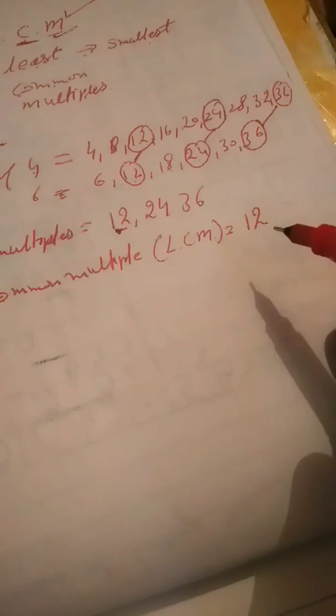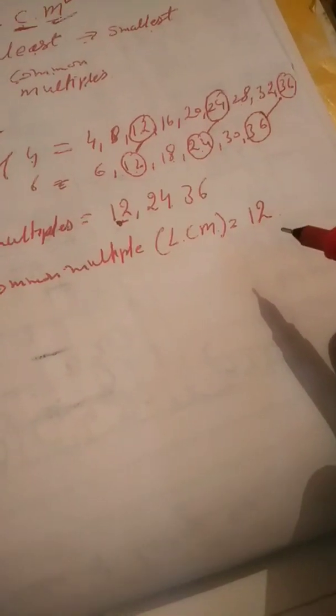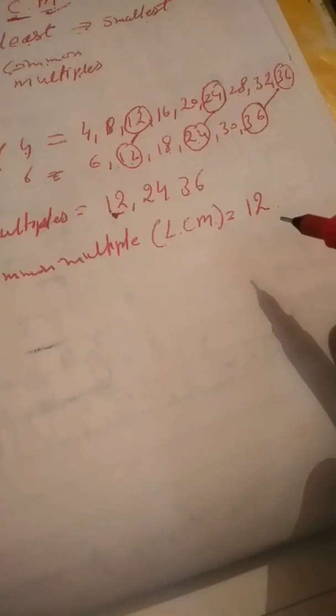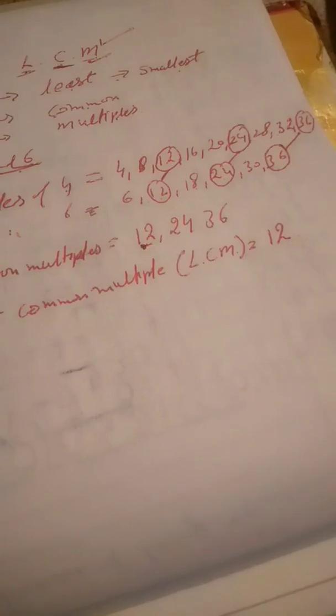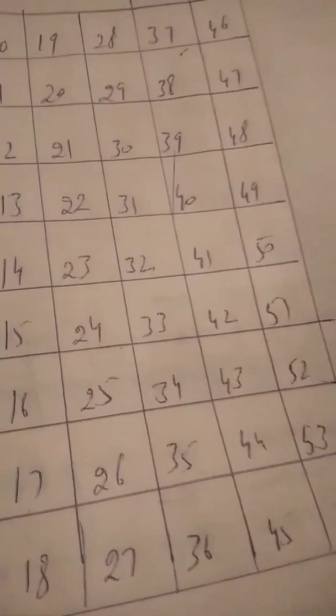So this is how we can find the least common multiple. Let us have another example by doing an activity based upon the LCM. Here I have written numbers up to 54.